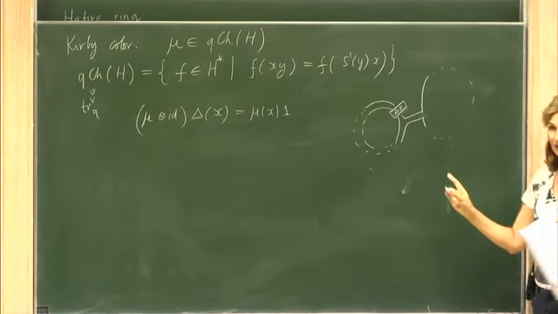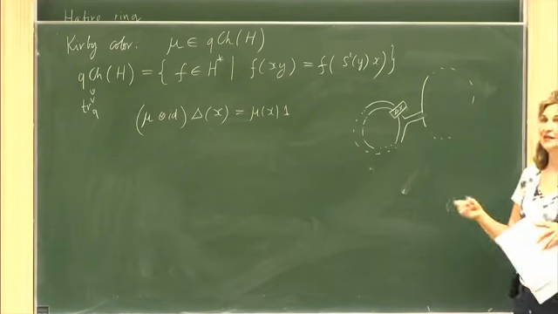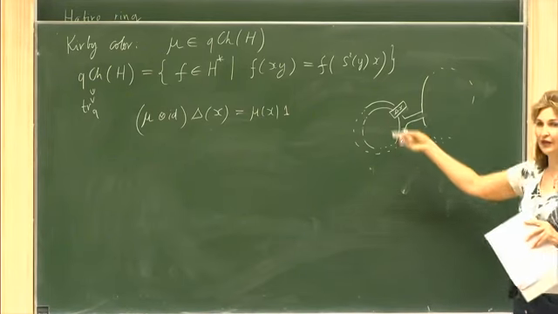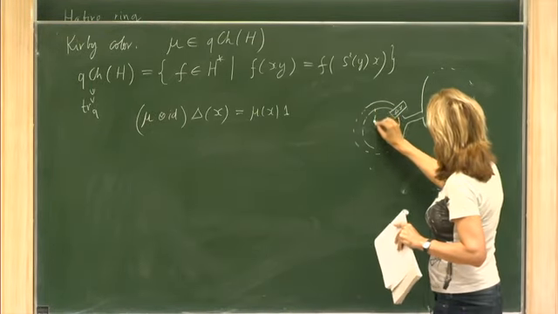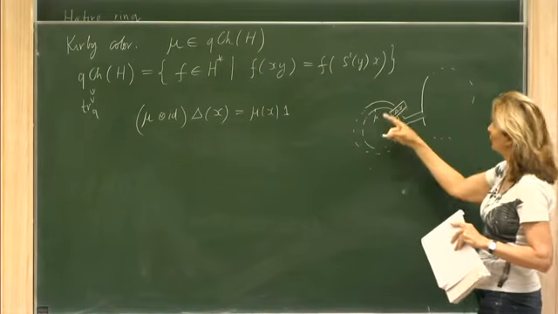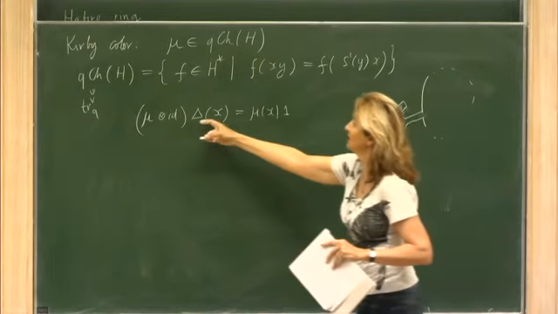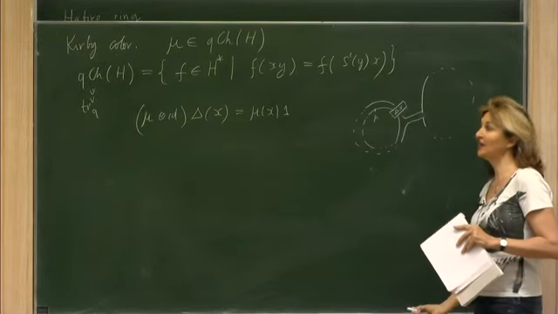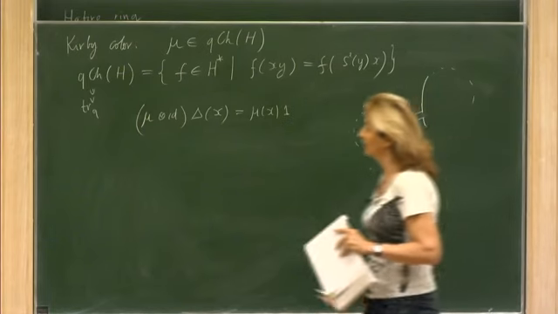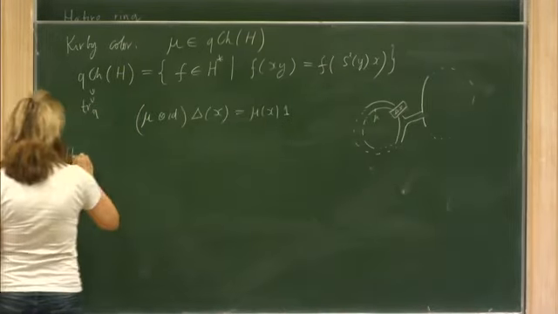This is exactly how the universal invariant behaves under sliding of one component along the other. And now if I evaluate mu on that component of delta of x, this is exactly the same as I had before.